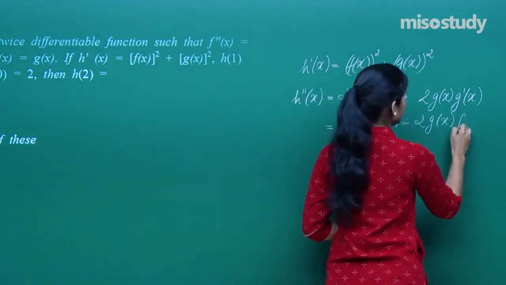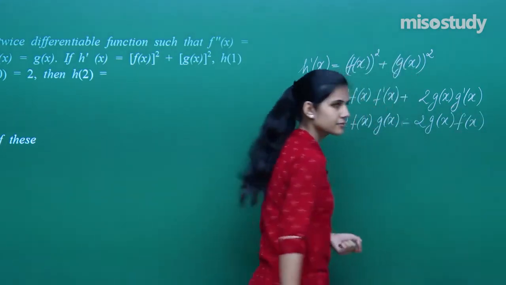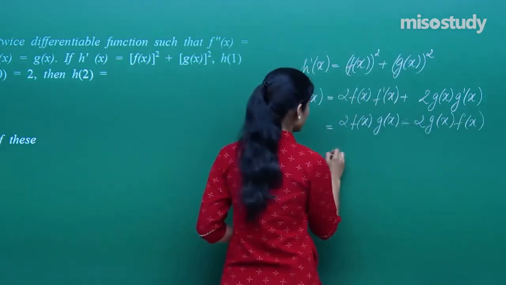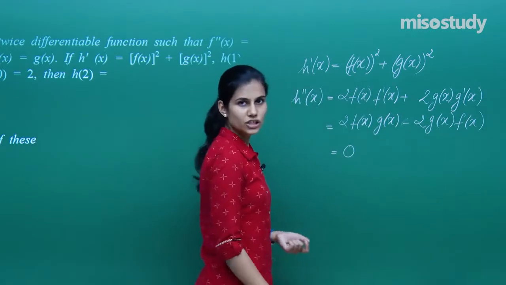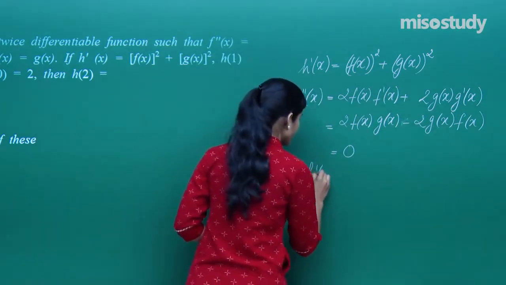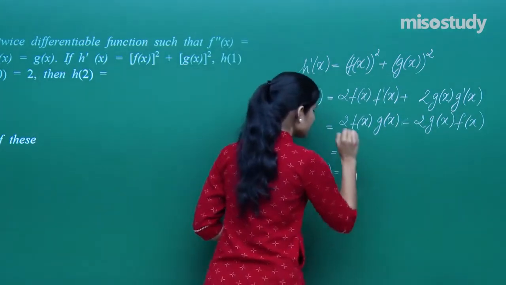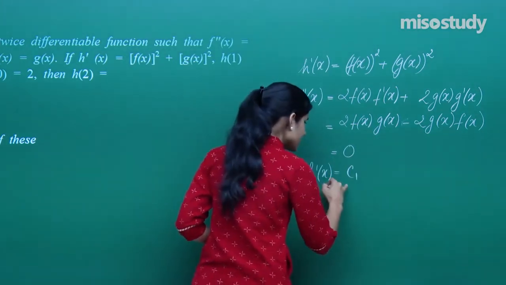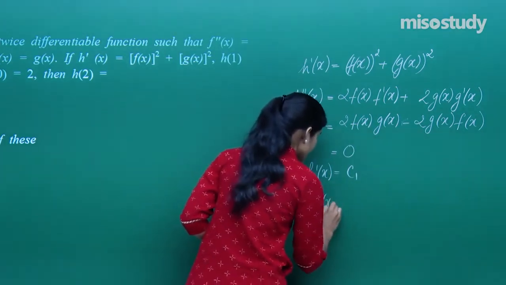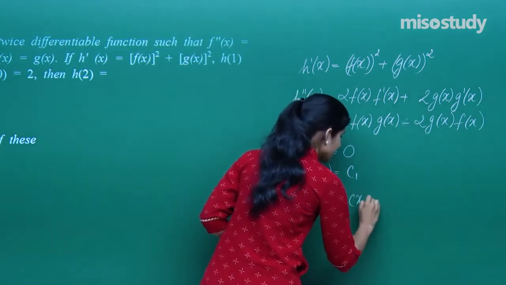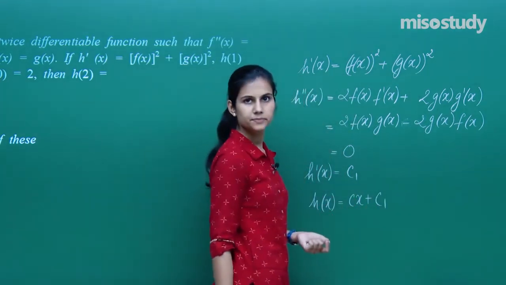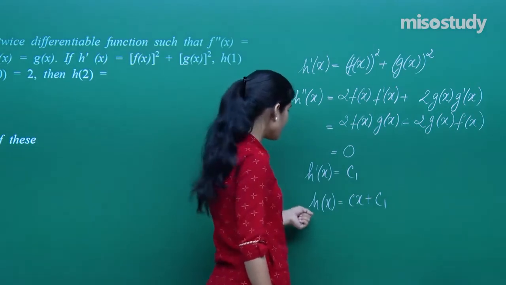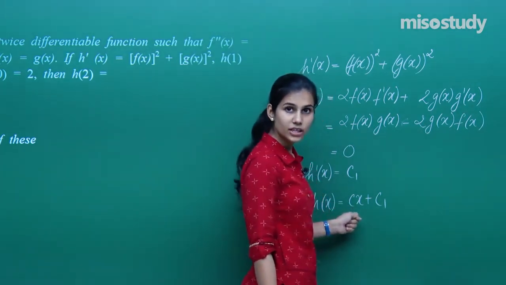Clearly you can see this is 0. The moment h double dash x is 0, that means h dash x is some constant, say c1. If this is constant, what is h(x)? It is cx plus c1.